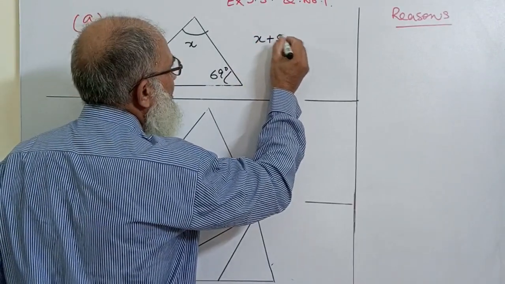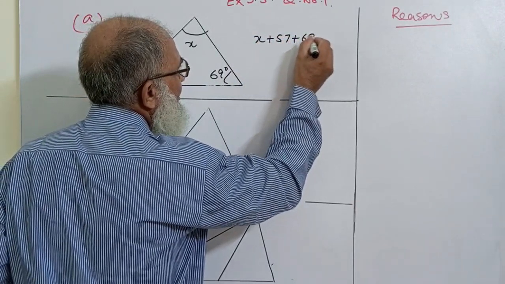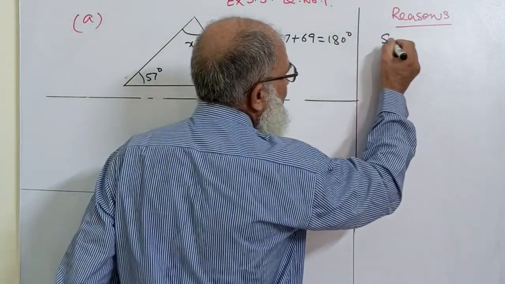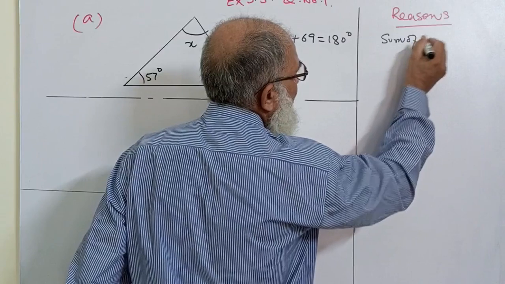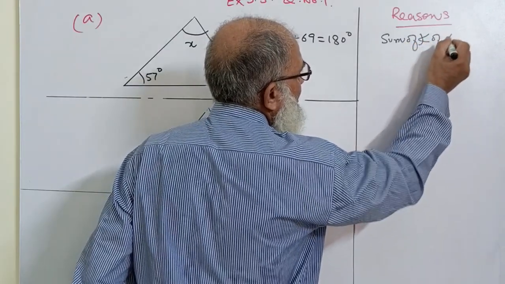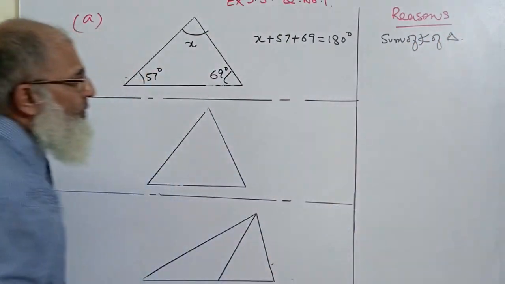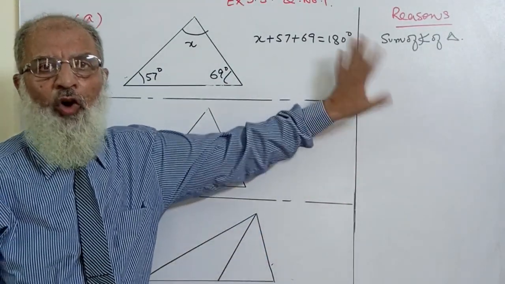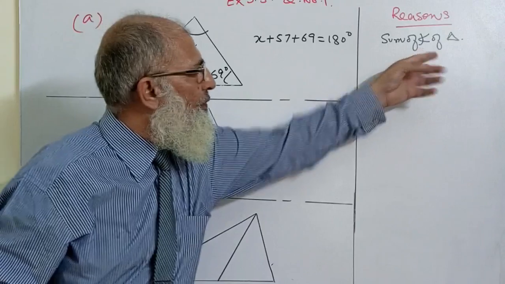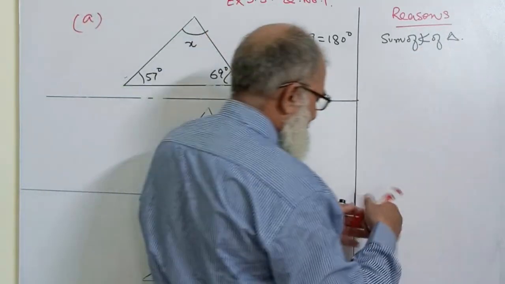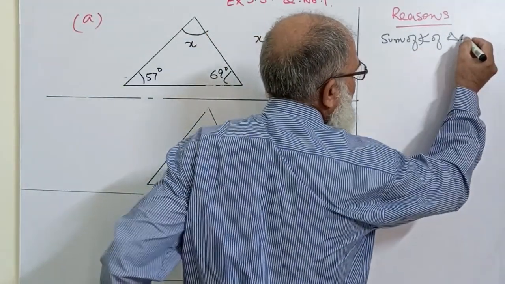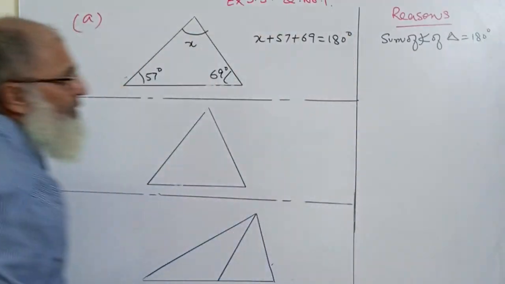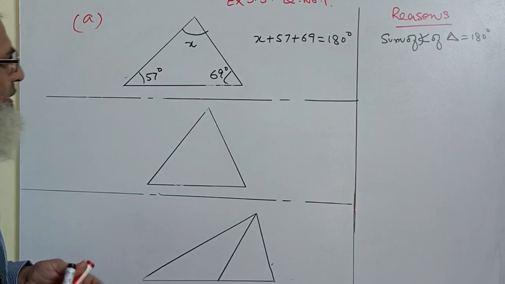So x plus 57 plus 69 is equal to 180 degree. Now you can write here: sum of angles of triangle. I'm writing in short form, but you can write it all in English. Sum of angles of triangle is equal to 180 degree. You can write it like this if you want to complete the sentence.